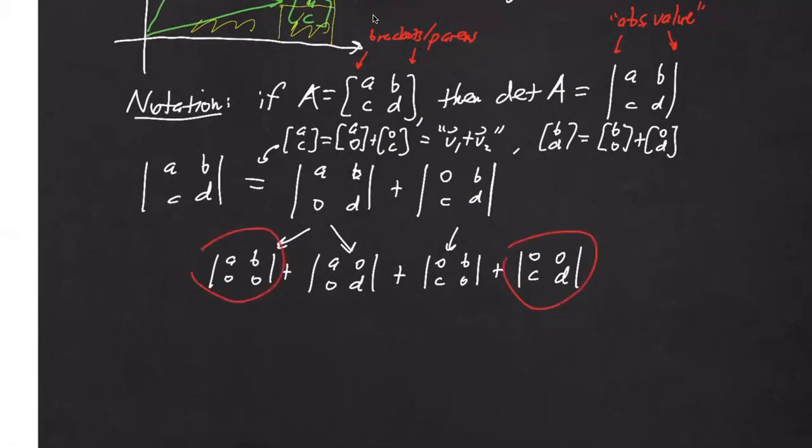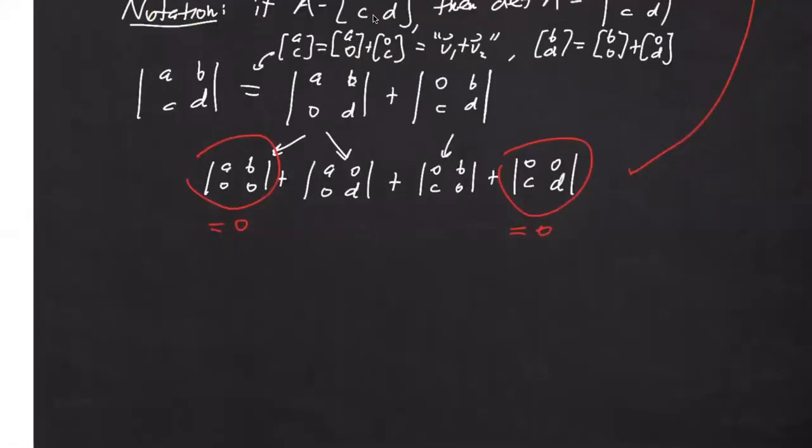And we said rows and columns are interchangeable when you think about determinants, so a 0 row is just like having a 0 column. That makes the area 0. So this equals 0, this equals 0. Now we're looking at the area formed by A0 and 0D.